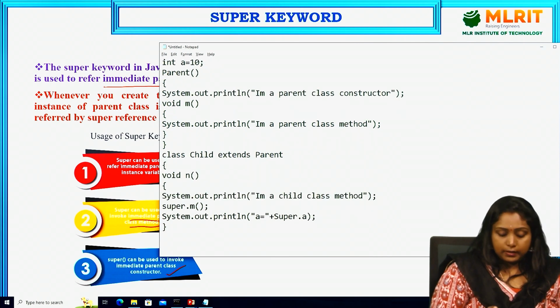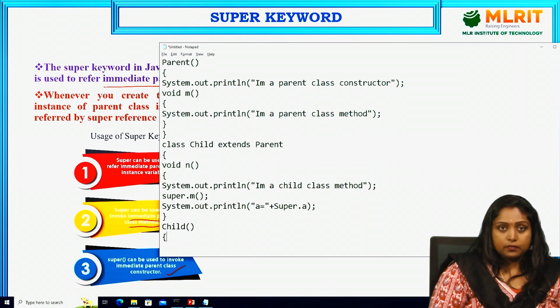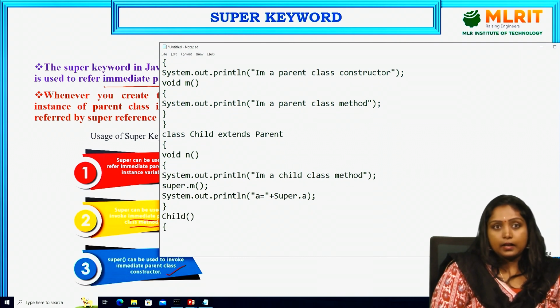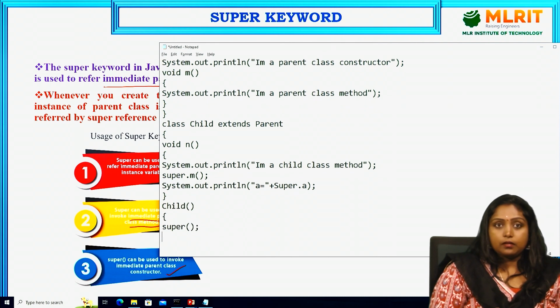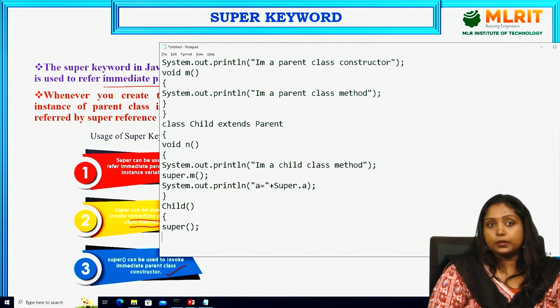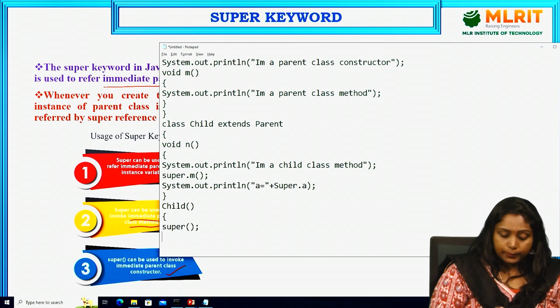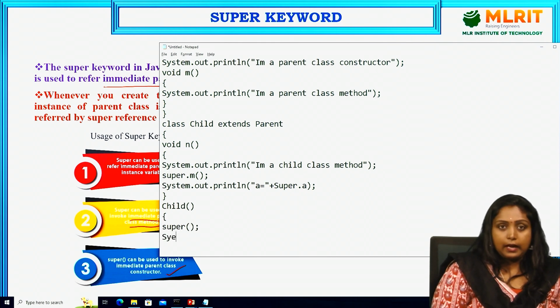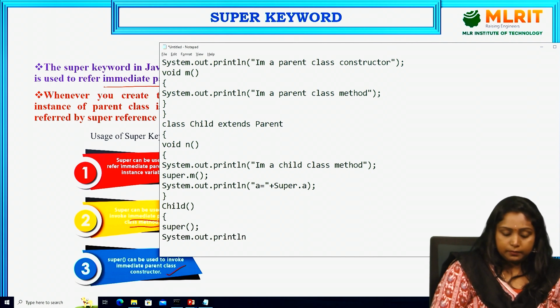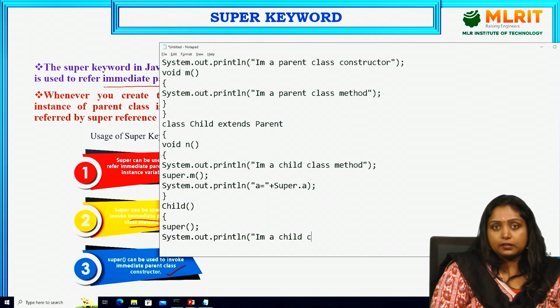I just want to create the constructor of the child class, Child, and here I just want to call the super class constructor. So I can use super followed by open and close parentheses. Now I can have one message here, System.out.println, I'm a child class constructor.